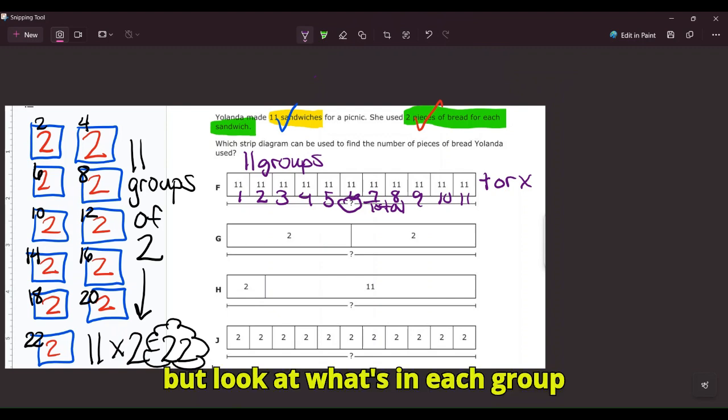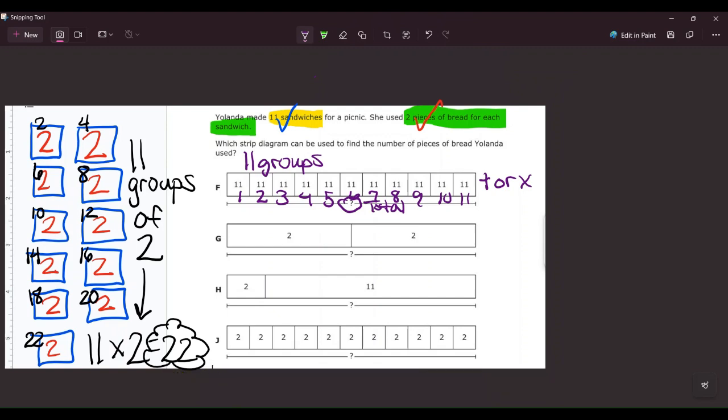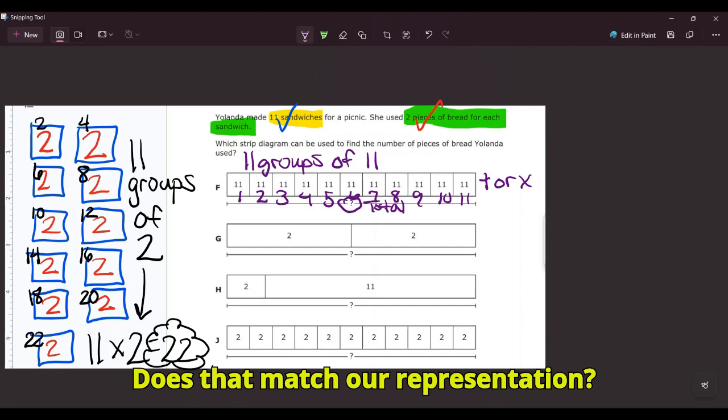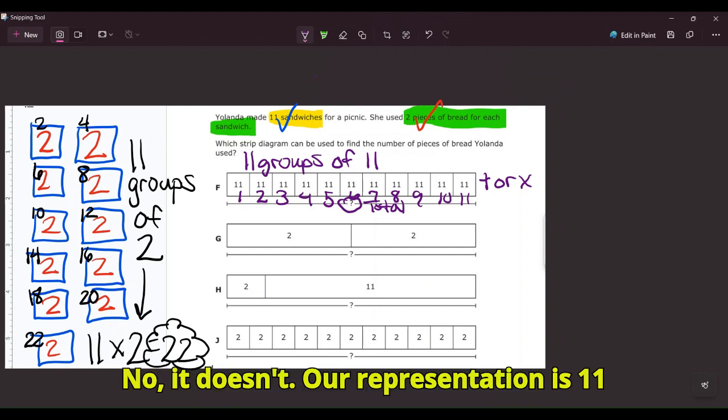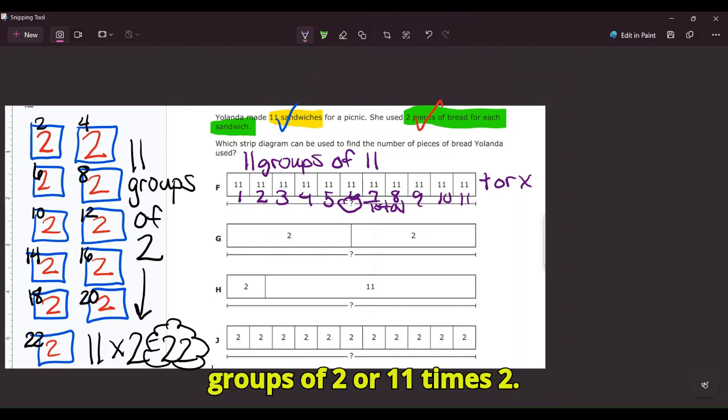But look at what's in each group. In each group, there are 11 of something. Does that match our representation? No, it doesn't. Our representation is 11 groups of 2, or 11 times 2.